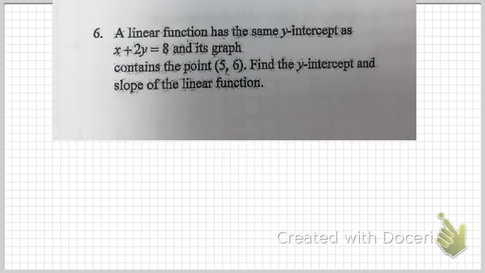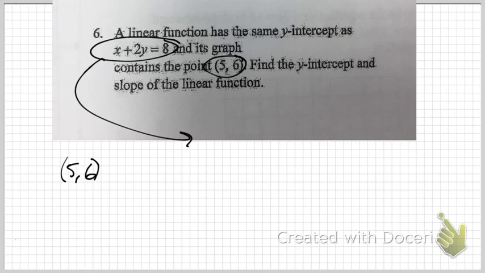This one is one that gets missed some years, and it's way simpler than it looks. Again, you've got to take that approach: what information do I know? A linear function has the same y-intercept of this, and it has this point. So I'm going to rewrite that. I know I need that point. If it has the same y-intercept as this, I need to find the y-intercept. And the y-intercept of that happens when x equals 0. When x equals 0, that means y has to equal 4.